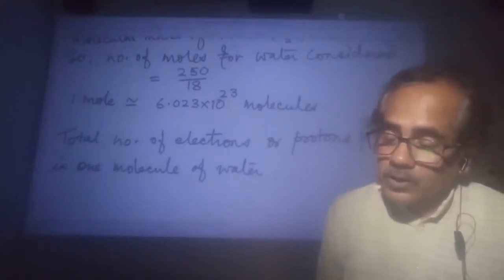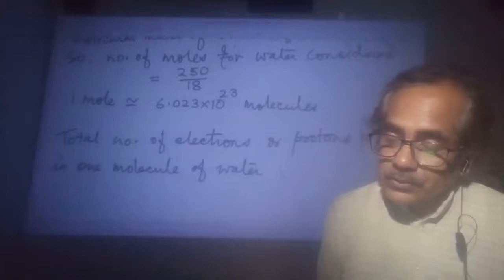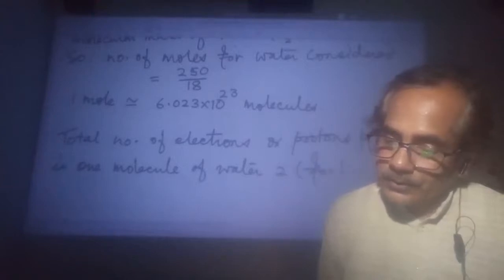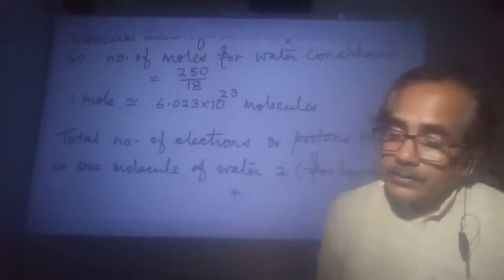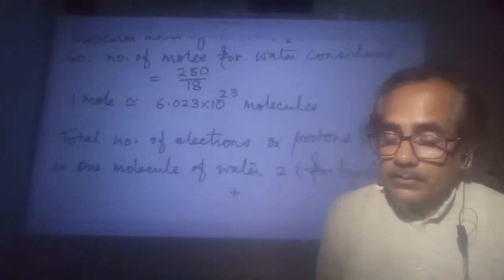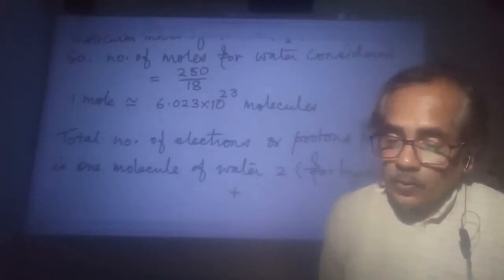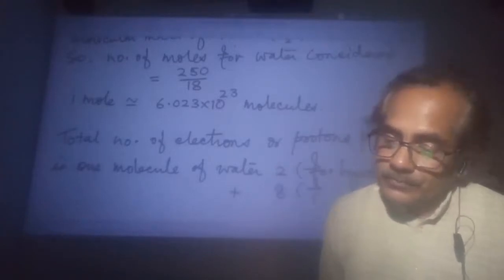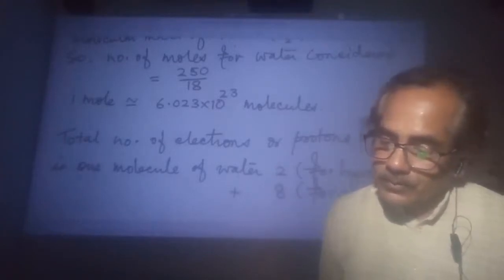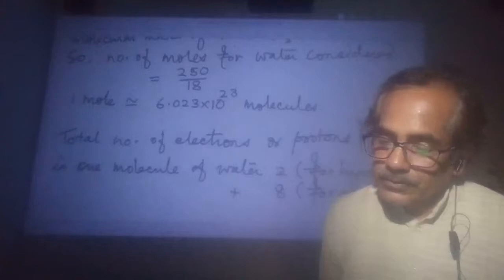So there are 2 hydrogen atoms, so 2 for hydrogen plus 1 atom of oxygen, for oxygen 8, so altogether 10.